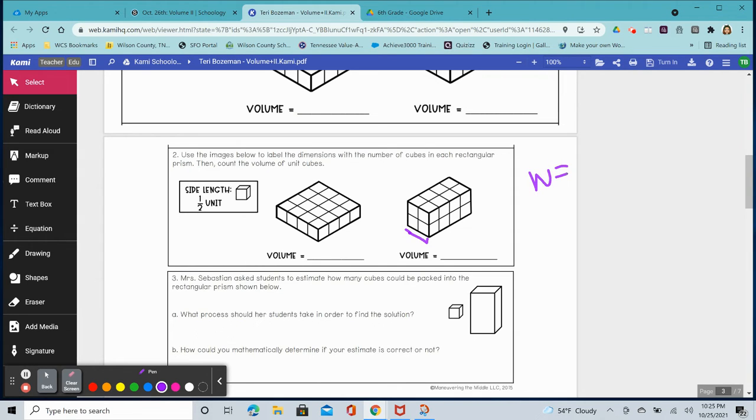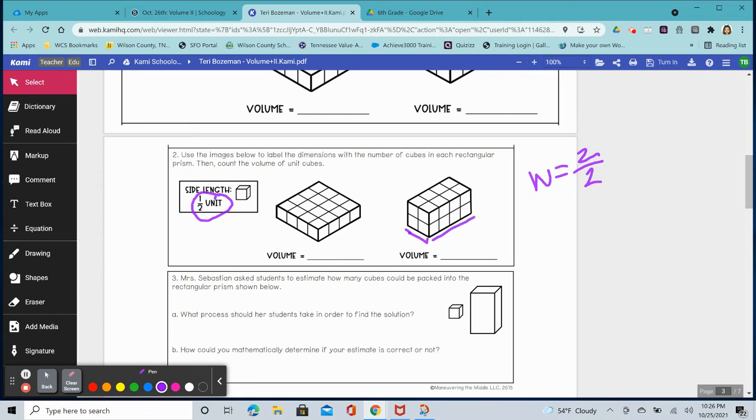There's 2 cubes, but each cube is 1/2. So we have 2 halves, or we could think of it as 1. I would leave these as fractions until you're done multiplying, and then I would either divide or simplify, whichever needs to be done with these.